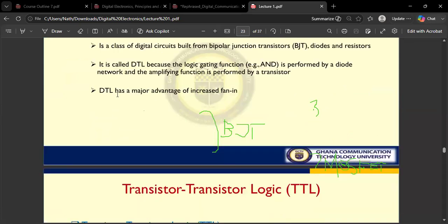The DTL has a major advantage of increased fan in. Like I said, fan in is just the maximum number of inputs a single gate can take or accept.